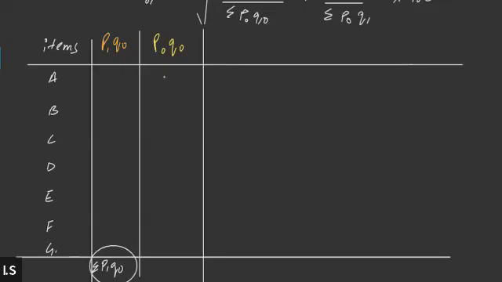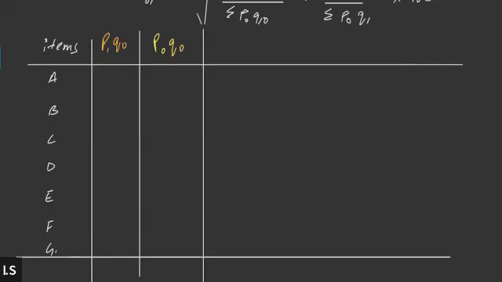And similarly, after finding P0 Q0 for all the commodities, we will total all the P0 Q0 so as to find out sigma P0 Q0. Once we are done with the calculation of this, we will simply put these values into the formula and find out the index number by Laspeyres method. Got it? Yes, sir. Okay.